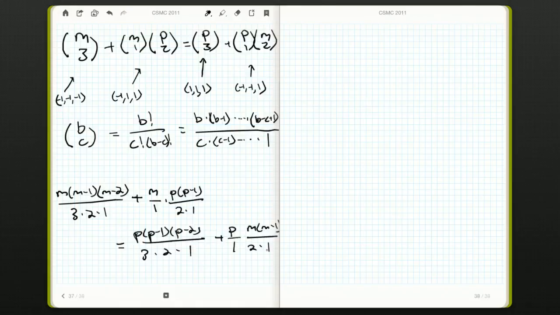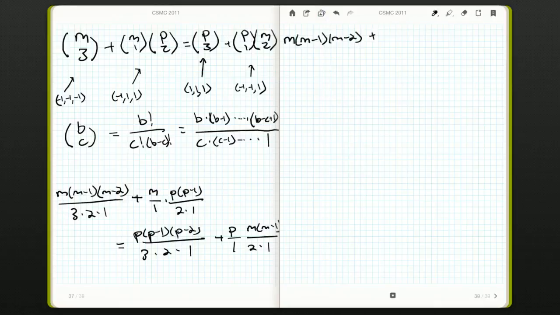Okay, so we have some cleaning up we can do. We could multiply everything through by 6 and get a common denominator. We could also group these m's together or rearrange some things. I don't want to turn these into cubics yet if I don't have to, because cubics are hard to work with.